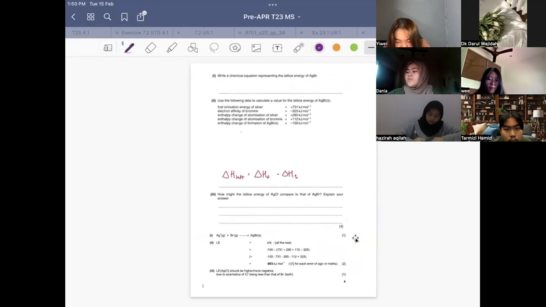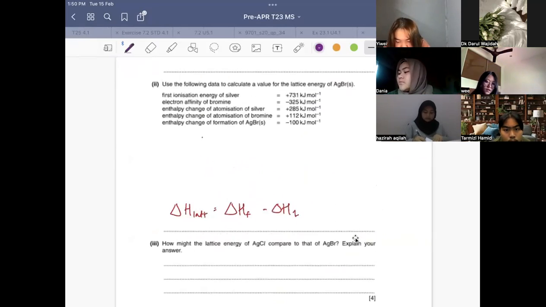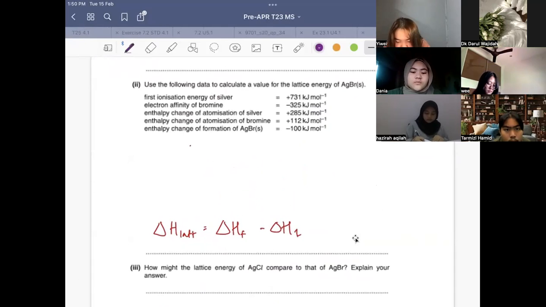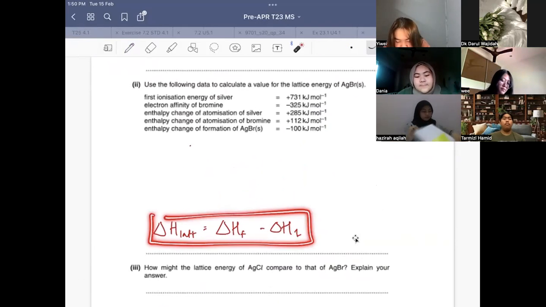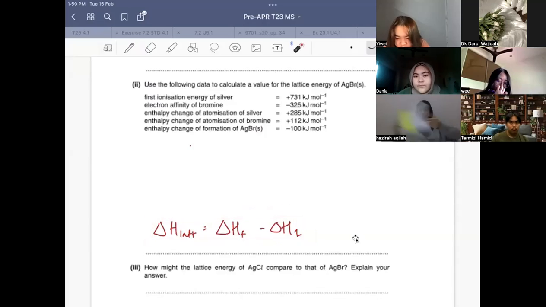So the first question, question 1, calculate the lattice energy of silver bromide. Now, if they don't specify you to draw the Born-Haber cycle, the quickest way is, of course, to first start with your formula. Okay, lattice energy is equal to minus delta H1, right?